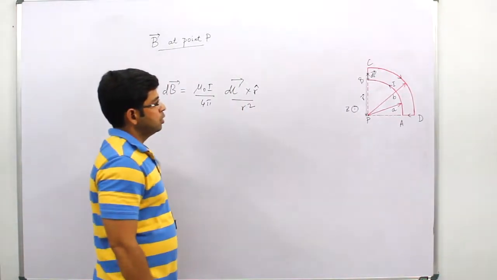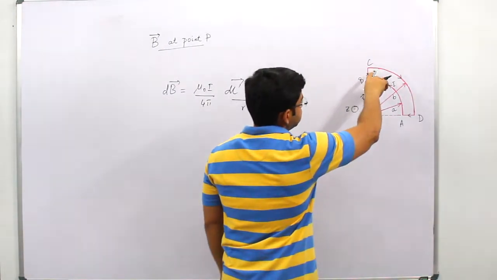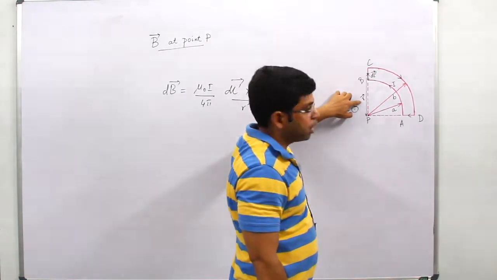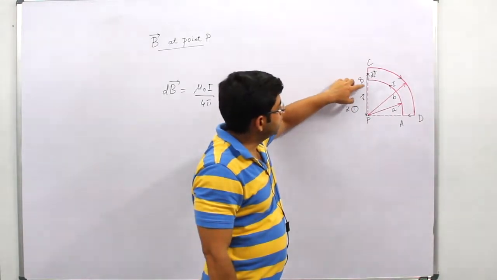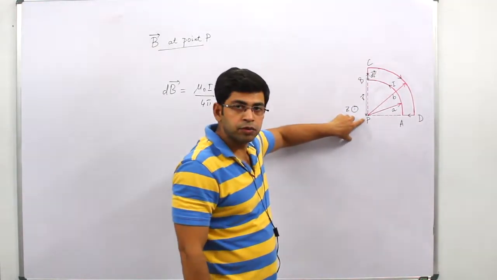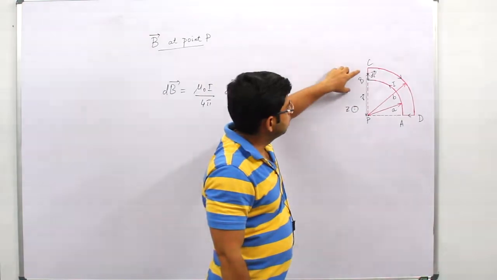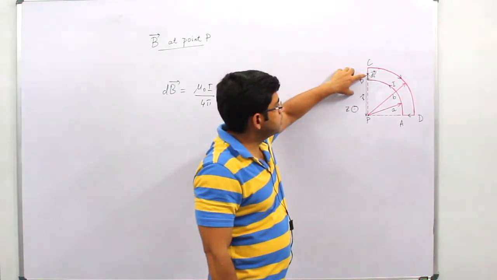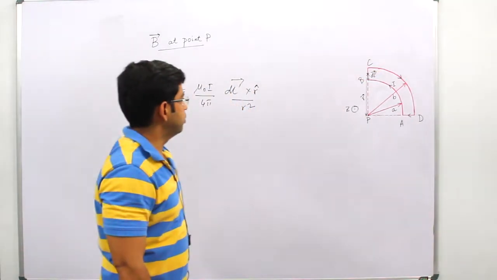You see the direction of dl prime is anti-parallel to the direction of r, where r is the radius vector of our concerned field point P from the origin of the magnetic field B, that is the length element dl prime.